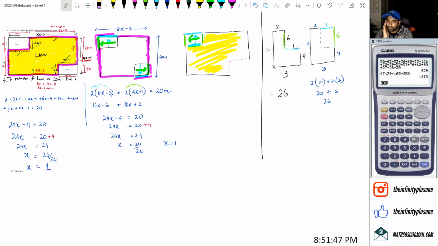Kiar, no, this would be a merit question because all you're doing is just finding the x value, and it's a linear equation, so you're not going to get anything more than a merit.